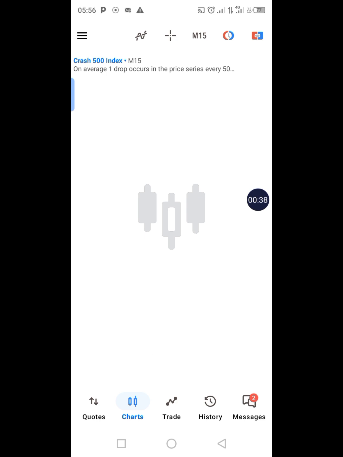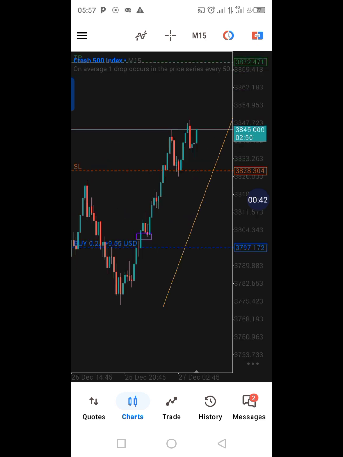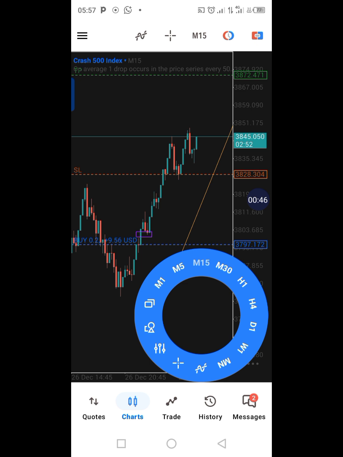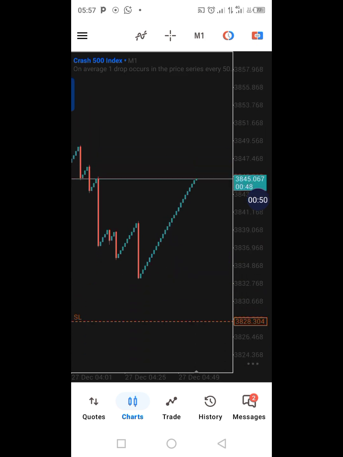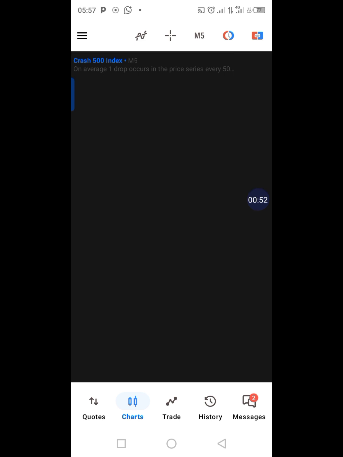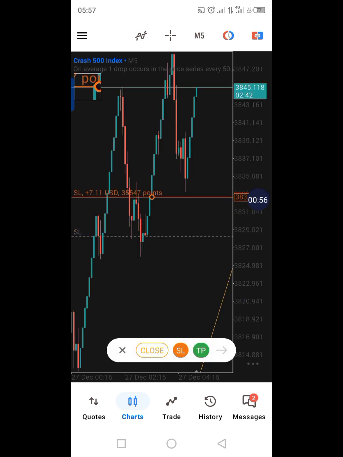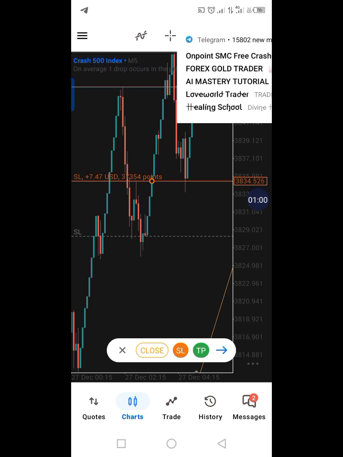So let's go back to the chart and see the next thing. You can see it's still going upwards, and my TP. Now the major thing that you need to understand here is how to locate a retracement or a reversal. A lot of the time the reason why traders lose is because they don't know when the market reverses.